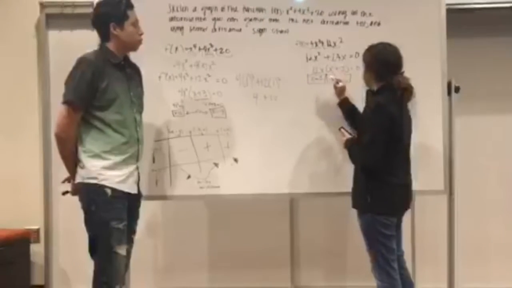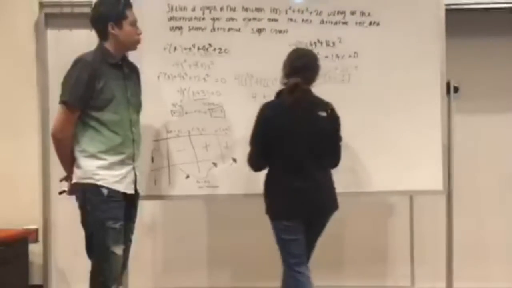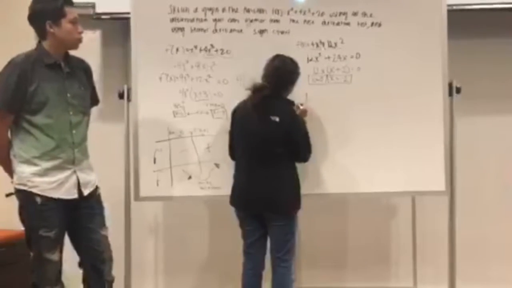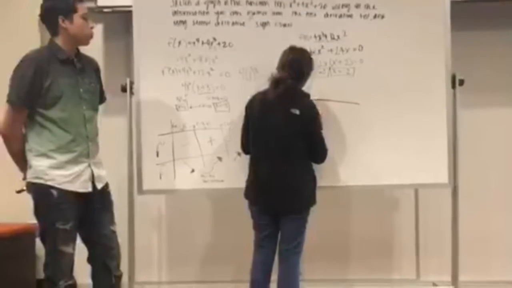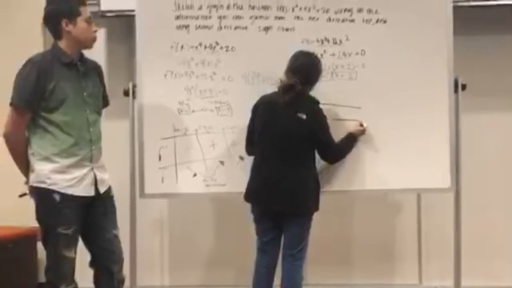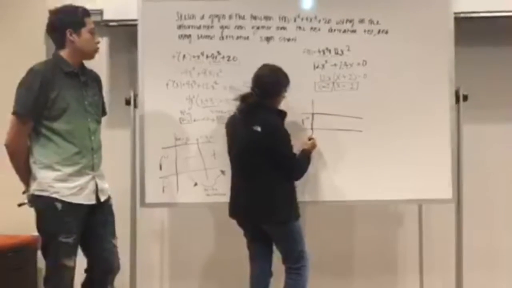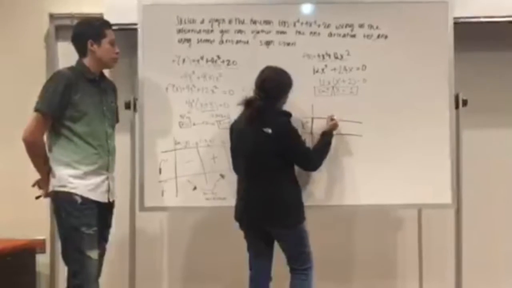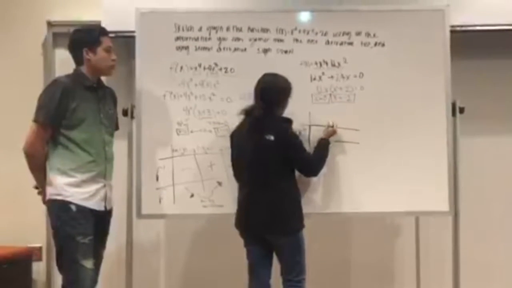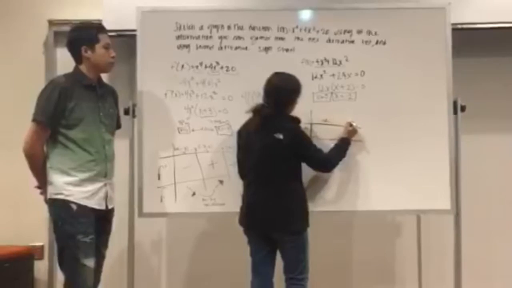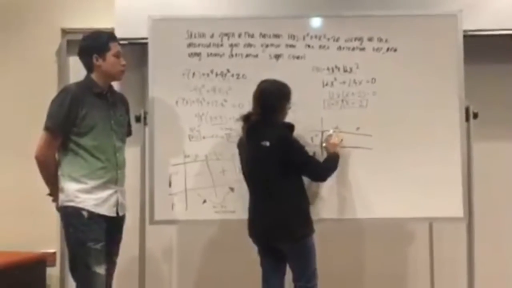So with these, you're going to do the sign chart again, but this time with the second derivative to test for concavity. So you'll put f double prime, since it's the second derivative, and f, your function. And then you plot your inflection points, negative 2 and 0, in the correct order.